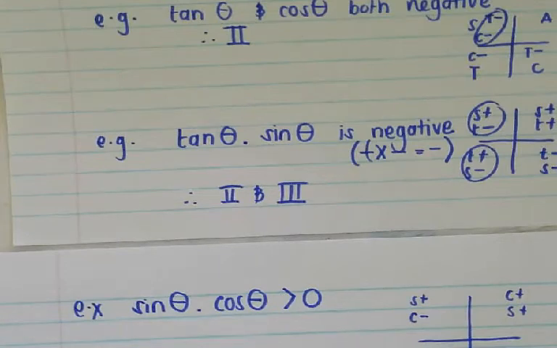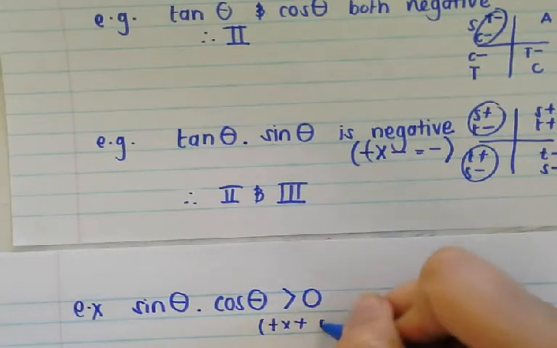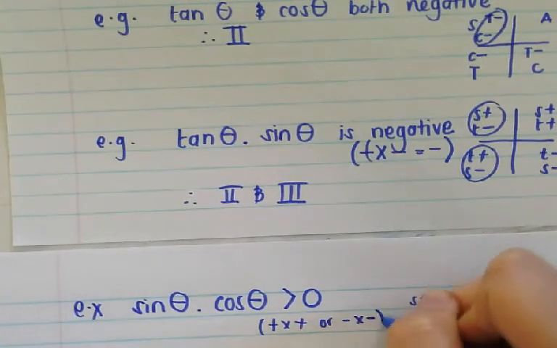Okay, then. So, in order for something to be positive after a multiplication, what do we know that we need? Two positives or two negatives. Okay, so a positive times a positive or a negative times a negative.